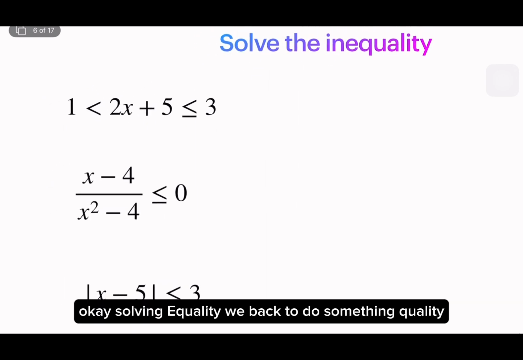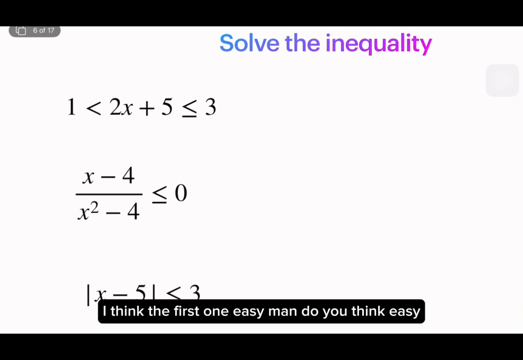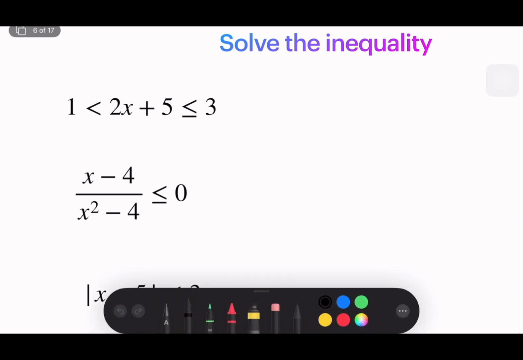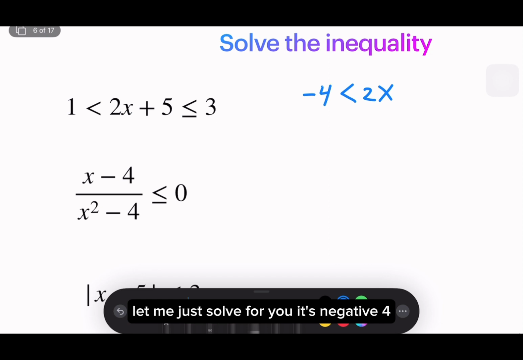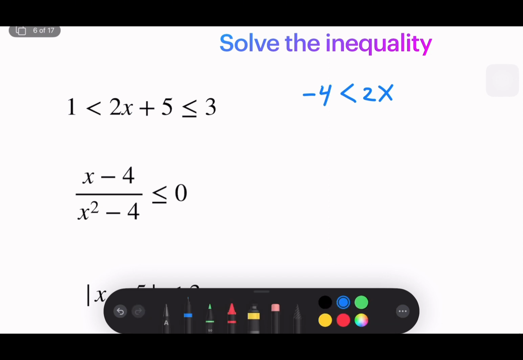We're back to this, solve the inequality. I think the first one is easy, right? Do you think it's easy? So basically we take 2x. Let me just solve it for you. It's negative 4, negative 2, right? And then x.